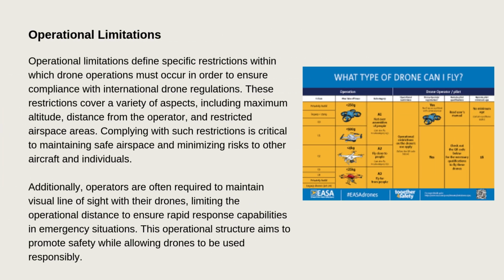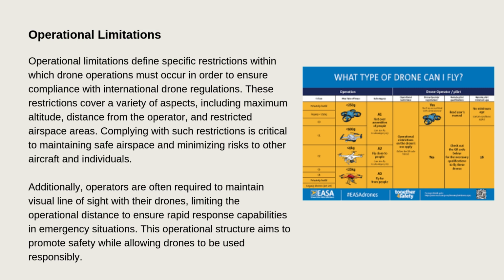Operational limitations. Operational limitations define specific restrictions within which drone operations must occur in order to ensure compliance with international drone regulations. These restrictions cover a variety of aspects, including maximum altitude, distance from the operator, and restricted airspace areas.